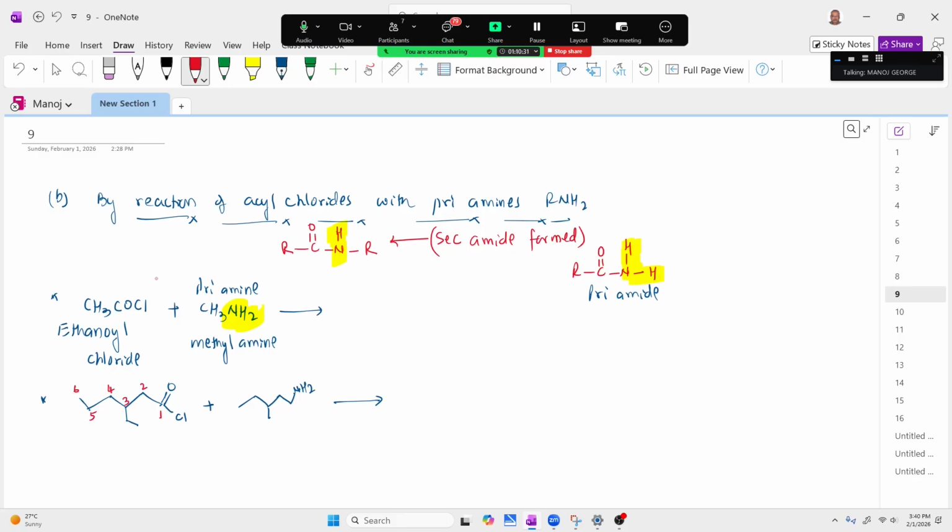Any idea what's the name of this compound? That's carbon number 1, carbon 2, carbon 3, carbon 4, carbon 5. On third position, there is the ethyl group. So this is 3-ethyl and there's 6 carbons. So that's hexanoyl chloride.